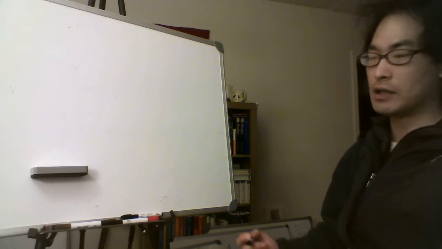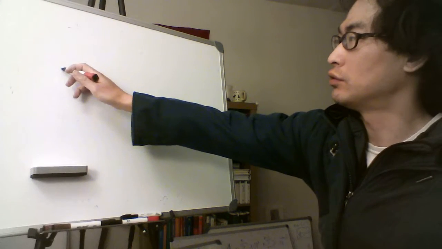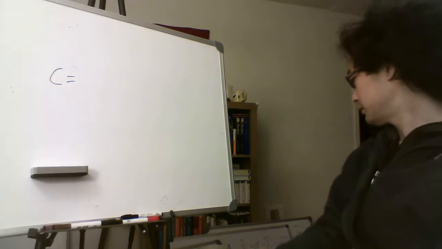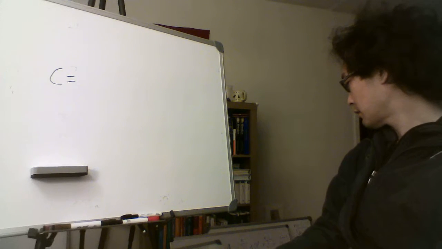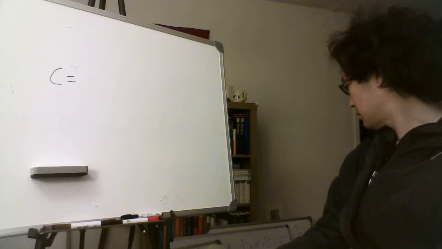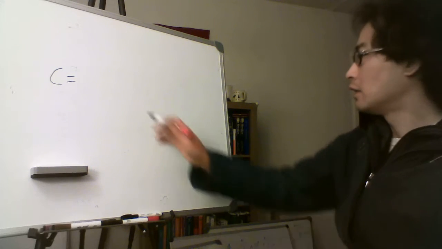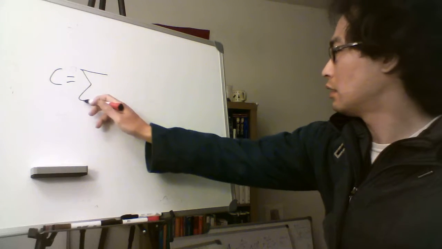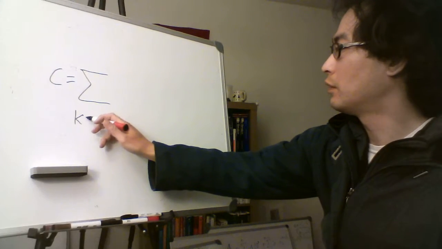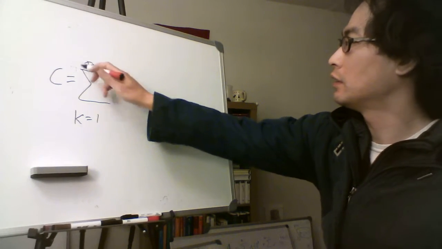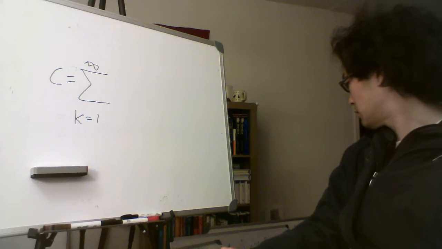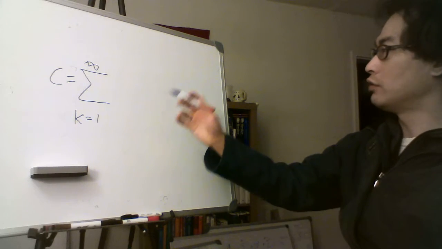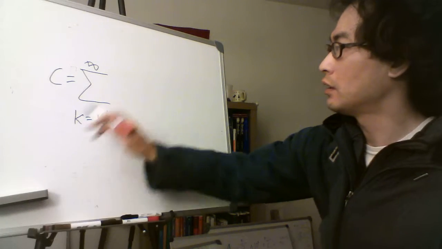So skateboarder's constant C is equal to the sum from k from 1 to infinity. We'll do it in steps.